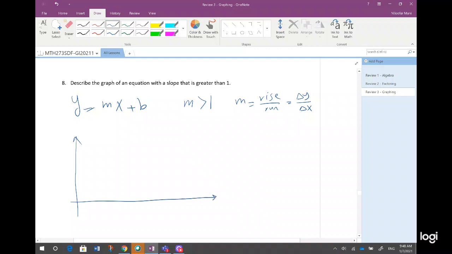Okay, if I have y equals mx plus b, and m is 1, for example, and b is 0, let's just consider that.